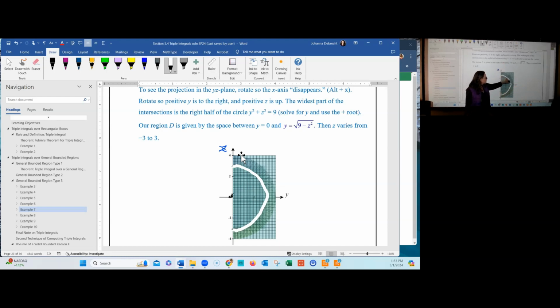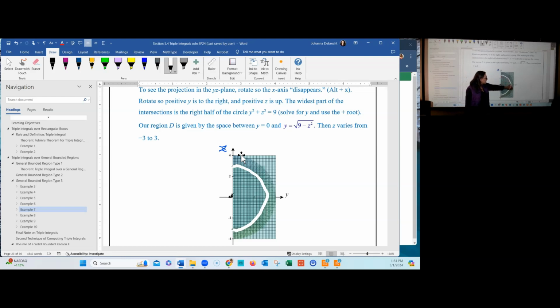And because we want the right half, we could write that as y equal the positive square root of 9 minus z squared. The left half would be negative the square root of 9 minus z squared. If we wanted an upper half, that would be z equals the positive square root of 9 minus y squared, and the bottom half would be z equals negative square root of 9 minus y squared.